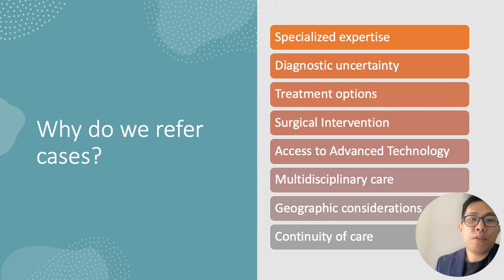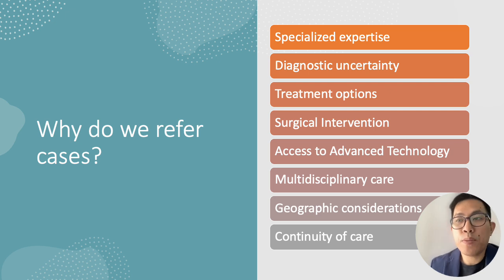So why do we refer? There are many reasons. Number one, you need to refer the patient for specialized care. You are just a medical officer, for example, and you need to get an opinion from a surgeon, so you refer this patient to a surgical department.